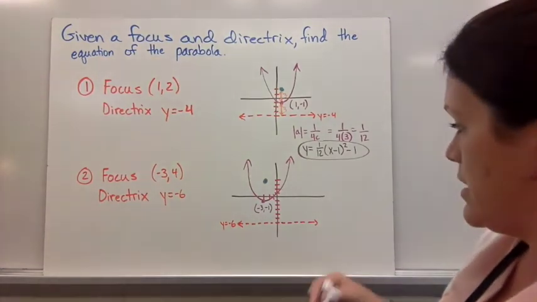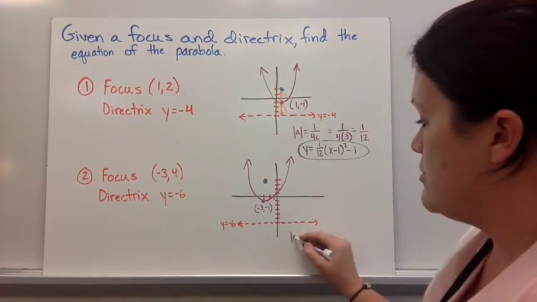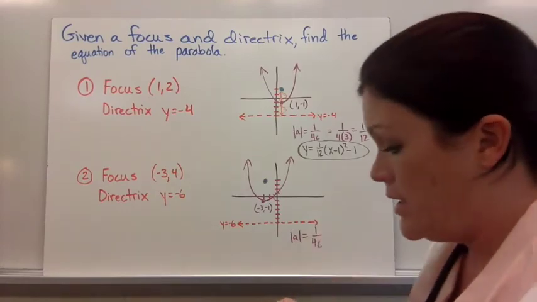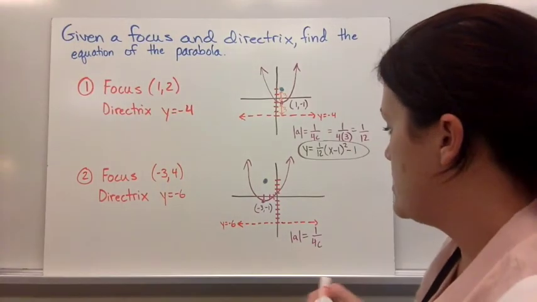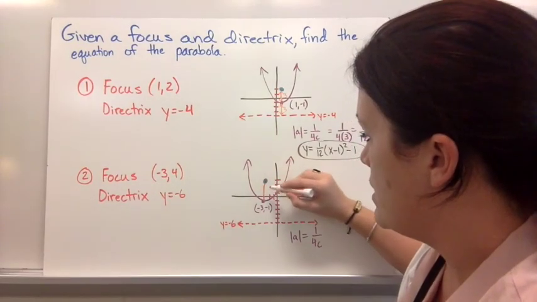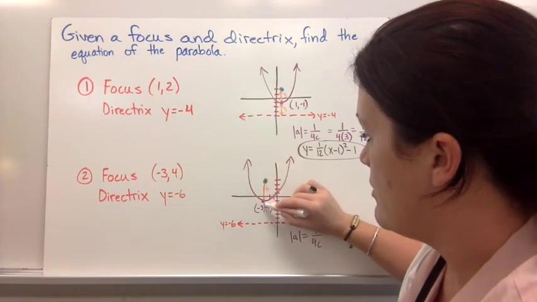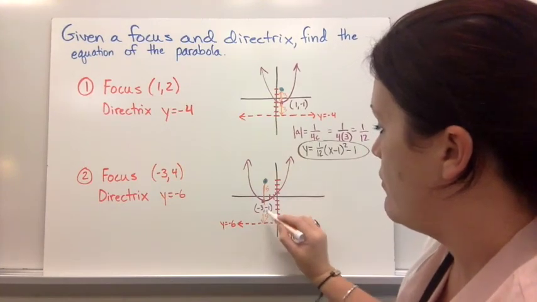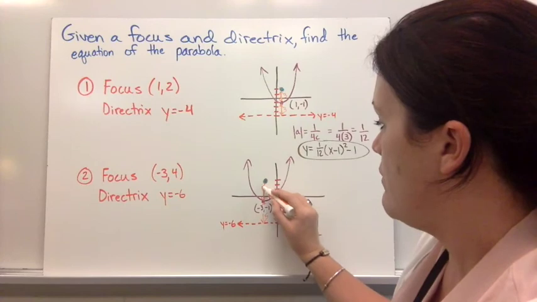So let's see, I'm trying to stay color coordinated here. So the absolute value of A is 1/4C, and C is the distance between the vertex and the focus, which was 5. We've already talked about that distance. And same down here, it was still 5 right there and 5 right there.